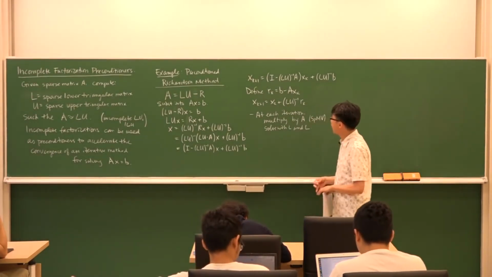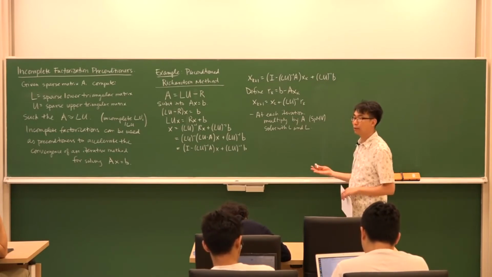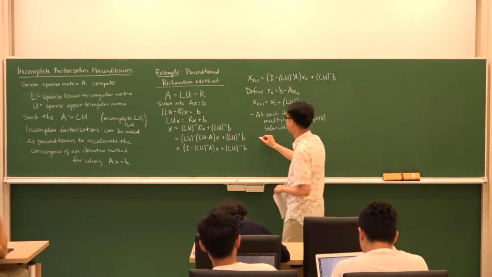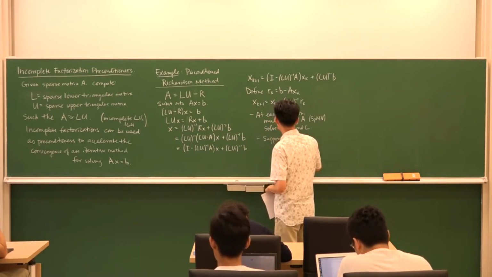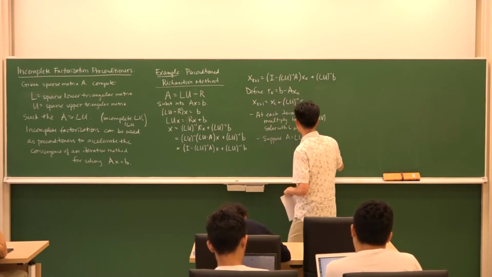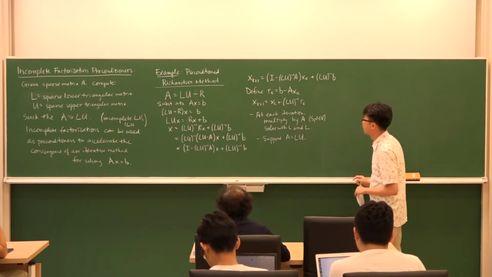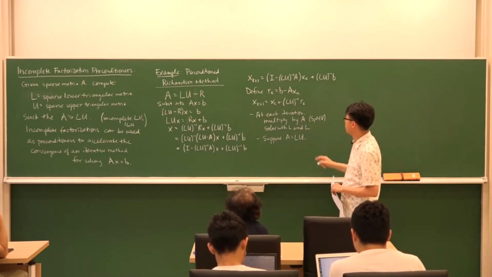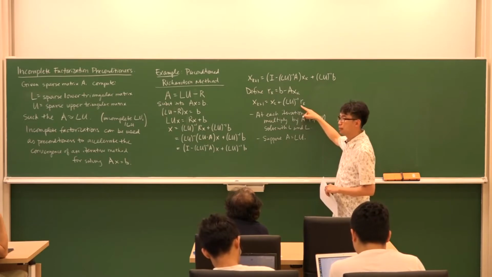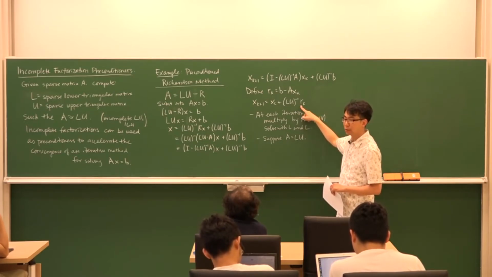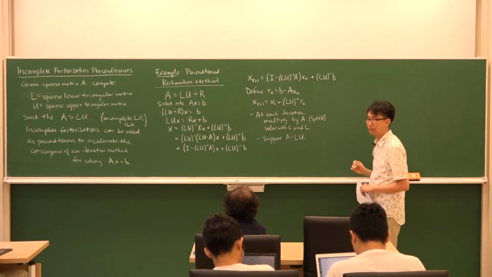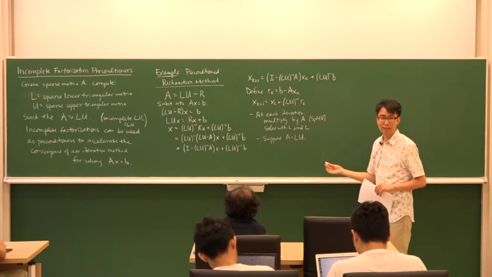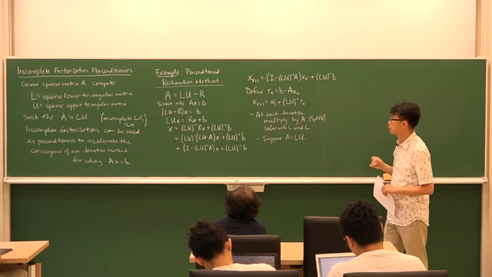Now suppose that we have an exact LU factorization. Then this becomes exactly the correction to x. So we get convergence in one step. That sounds like a really good thing, convergence in one step.